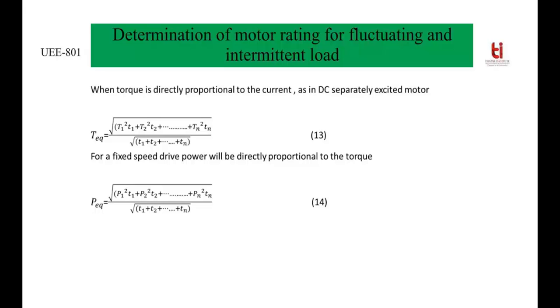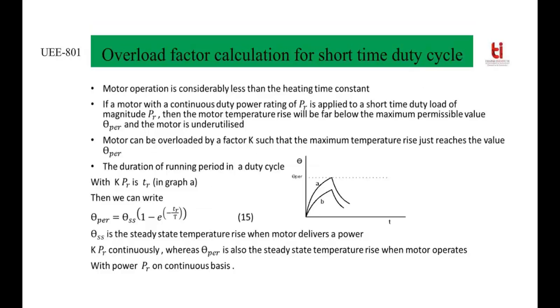In case of a fixed speed drive, where speed is constant, power is directly proportional to torque, because power is equal to torque into speed. So the equivalent power can also be found likewise. Till now we have discussed different classes of motor duty.